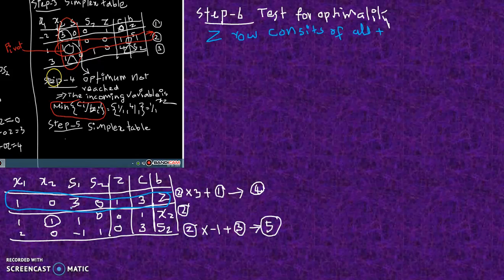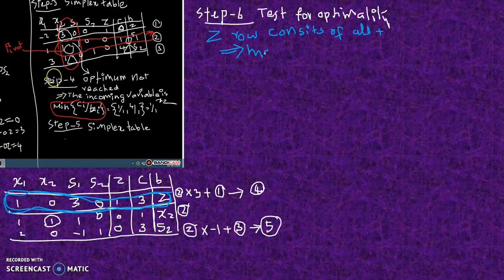That is the meaning. If any negative number comes here, then optimum is not reached. But here all are positive in the Z row, and it is a maximization problem. Am I correct? So the maximum is reached.